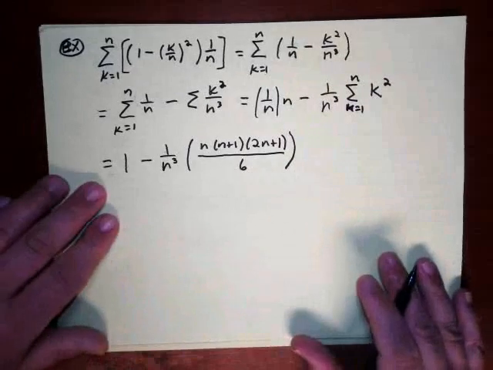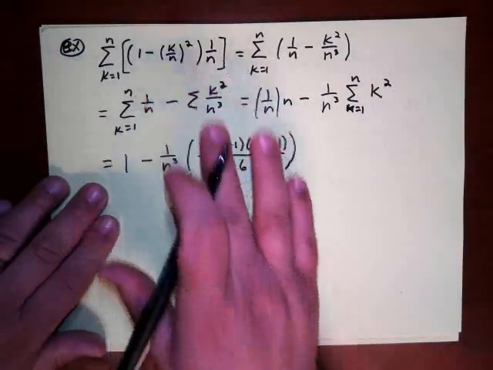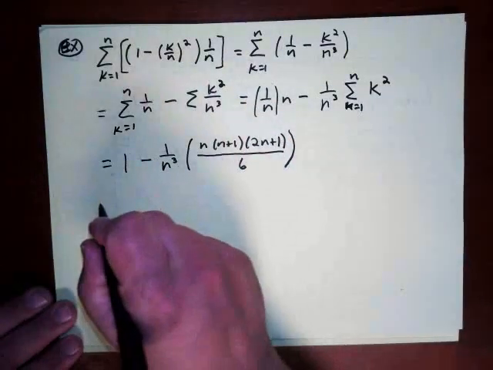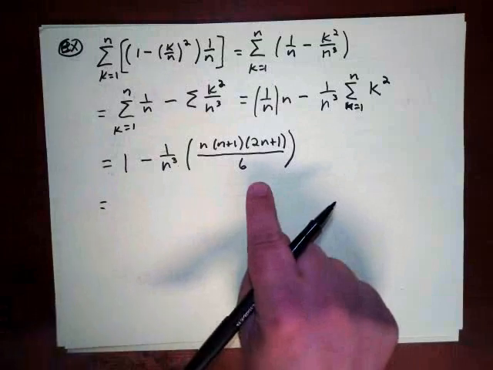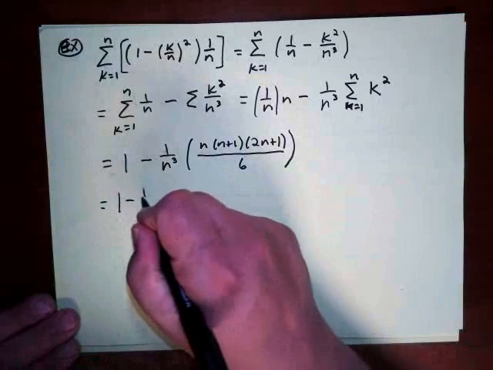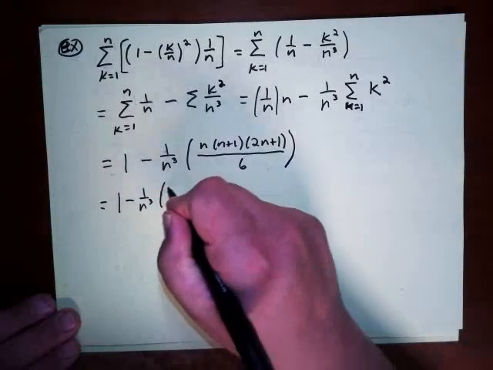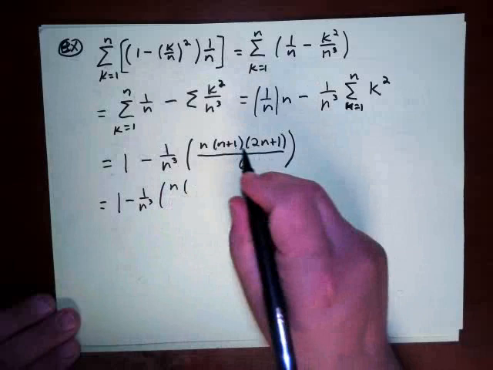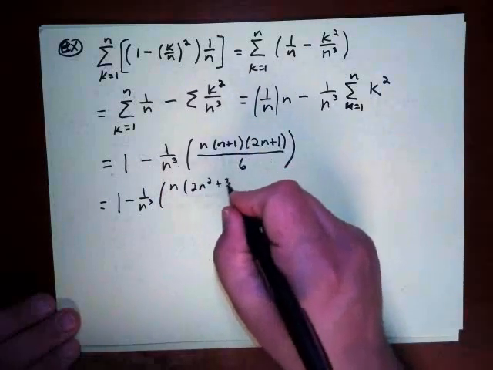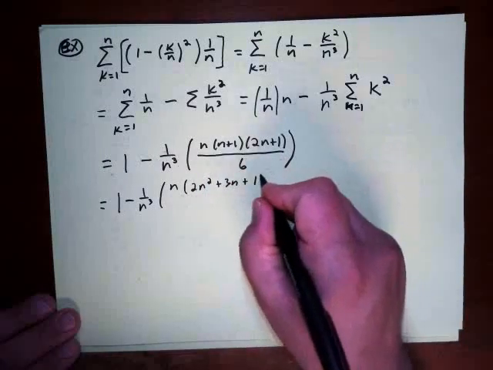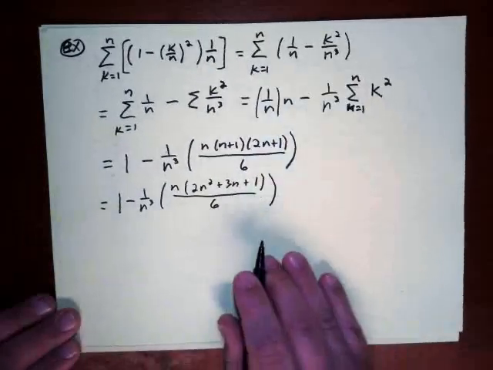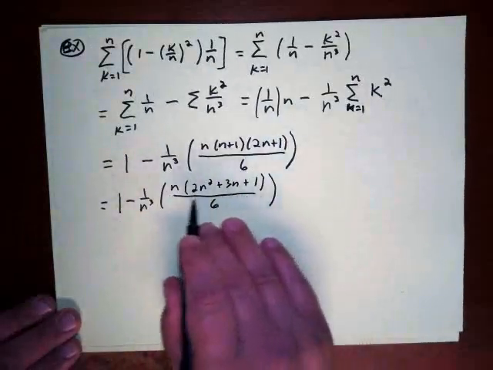So then I get this here. But notice now this sum with respect to k is all in terms of n. Okay? So now let's simplify this whole expression. So I get 1 minus 1 over n cubed times n, and then I'm going to FOIL this out. So I get 2n squared plus 3n plus 1 all over 6. Okay, and then I'm going to distribute the n squared.